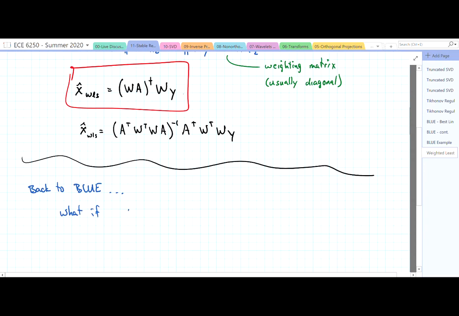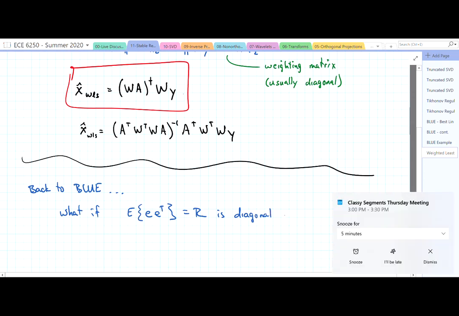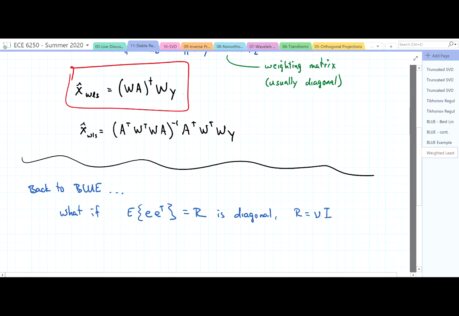What if the expected value of EEᵀ equal to R is diagonal, where R is equal to maybe nu squared times I?